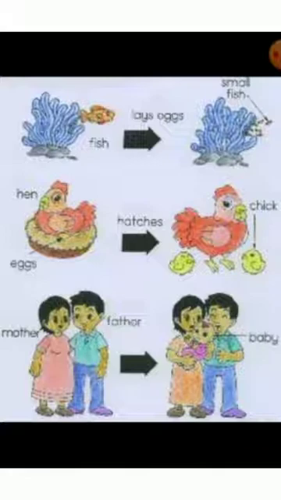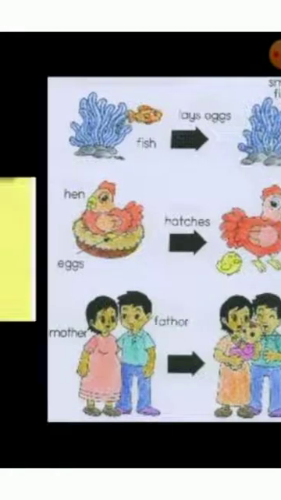So all the human beings reproduce their young ones of their own type. Like, see, here in this picture, mother and father, and they have a baby. The picture of a hen, she lays eggs, and then chicks come out from these eggs. And fish also lay eggs, and small fishes come out from the eggs.